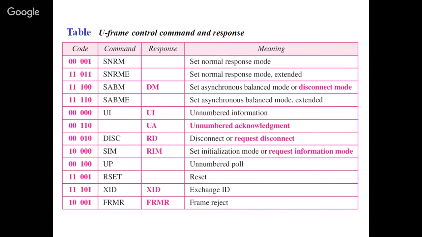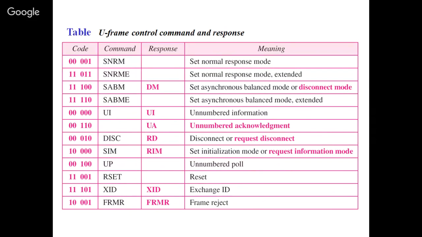We can take some examples. If we have the code 00001, then the command will be SNRM, the set normal response mode. And if the value of the code is 11011, then the command will be SNRME, which means set normal response mode extended. And so on.